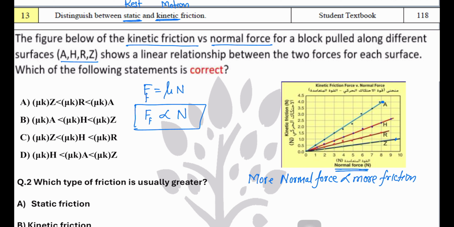So which has the maximum? Can I say A is maximum, Z minimum? Clear? Okay, check the names now. Z lowest, very good. R, A. Look, we get the answer. Clear? Fine.